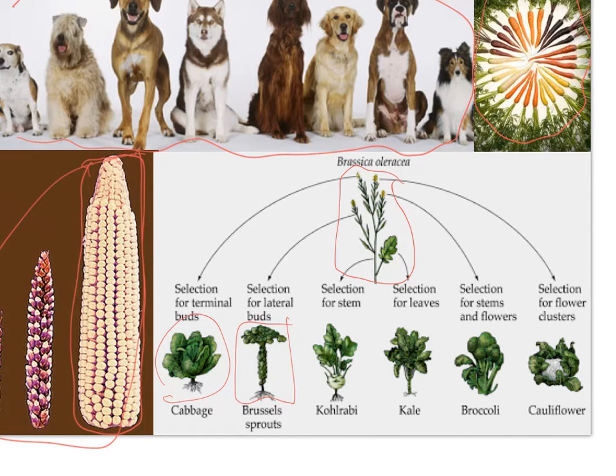You've got selection for larger leaves, and you've got your kale, or you've got selection for flower clusters and you end up with your cauliflower, or stems and flowers, you end up with your broccoli. So all of these are ways that breeders of crops or of animals have been choosing certain desirable characteristics.